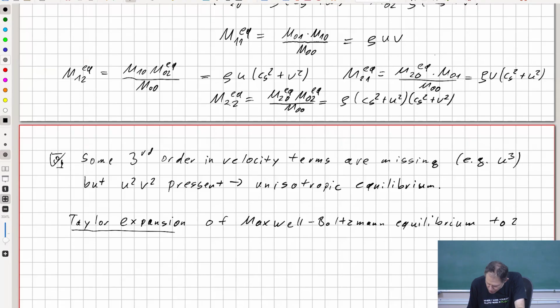This we would usually do to second order in velocity.